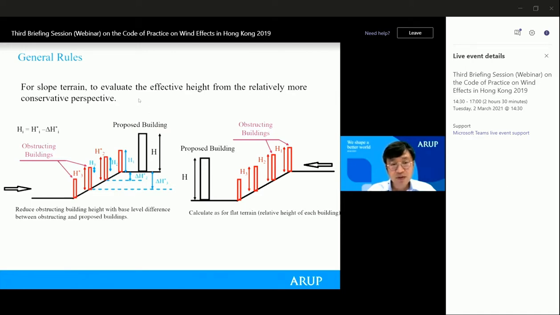So, still following the rule that we shall take the sheltering effect from a slightly more conservative perspective, for wind blowing from the top to the bottom where the target building is located, we take the actual building height as the obstructing building height. So this is how the sheltering effect shall be assessed for a slope terrain condition.